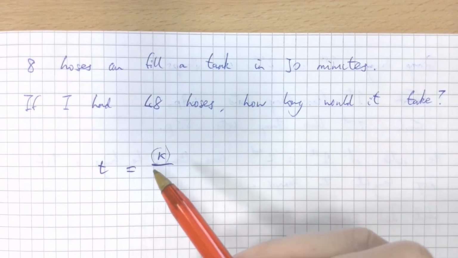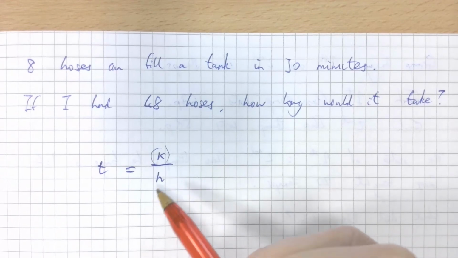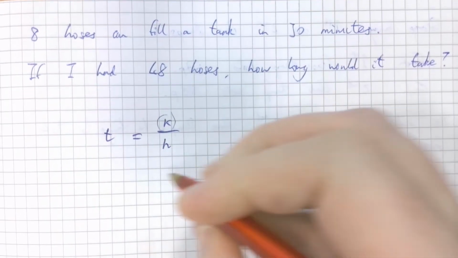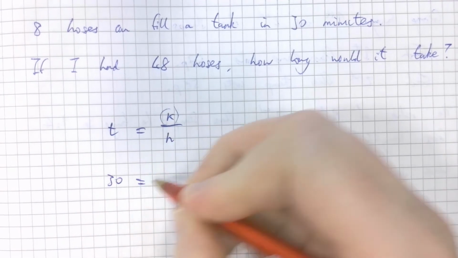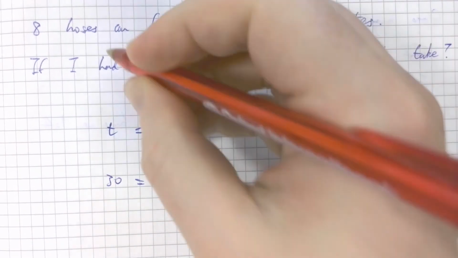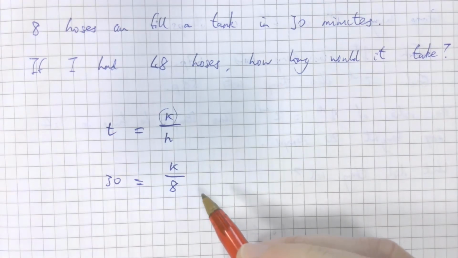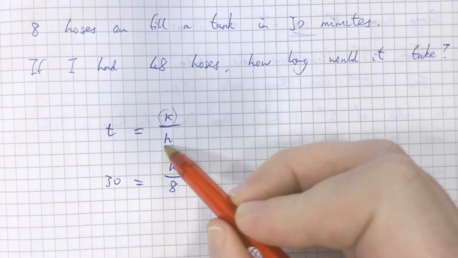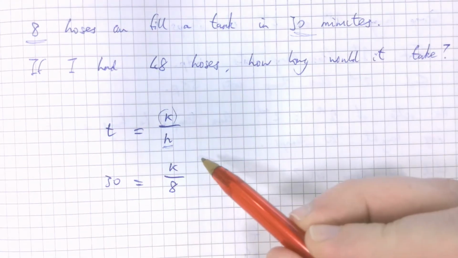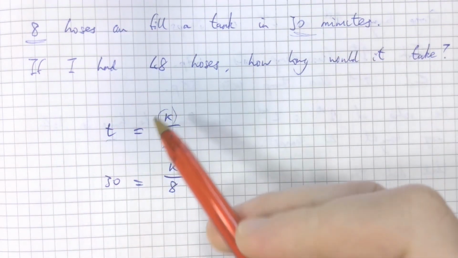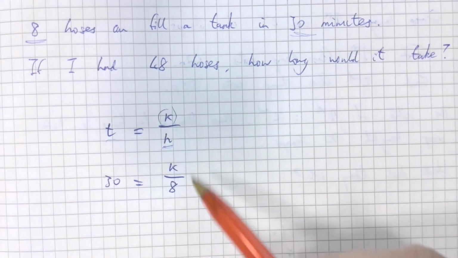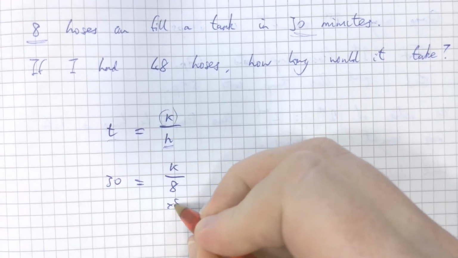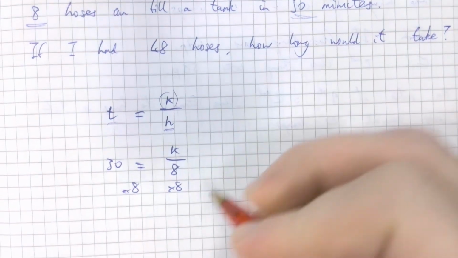It's called a constant of proportionality. So if I'm filling a tank in 30 minutes, time is 30, K I don't know, and that's the case for 8 hoses. I'm just replacing the time and the number of hoses with the values I've got in the question. So T is replaced with 30, H is replaced with 8, and then we have to work out what K is by, you guessed it, multiplying both sides of this equation by 8.